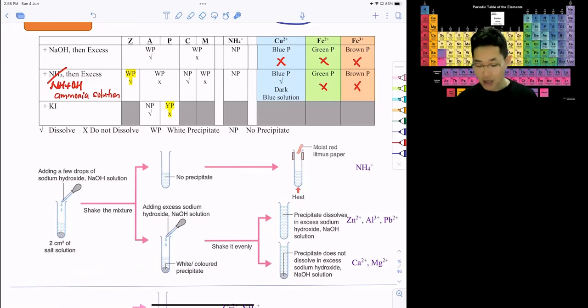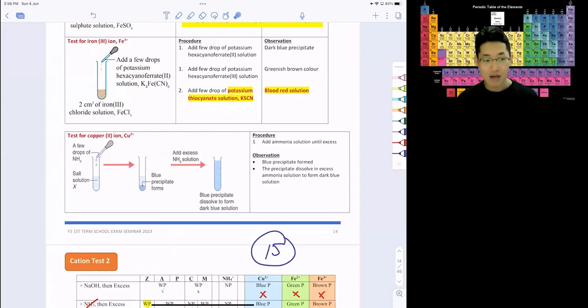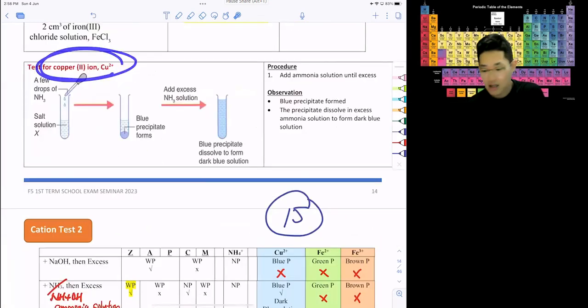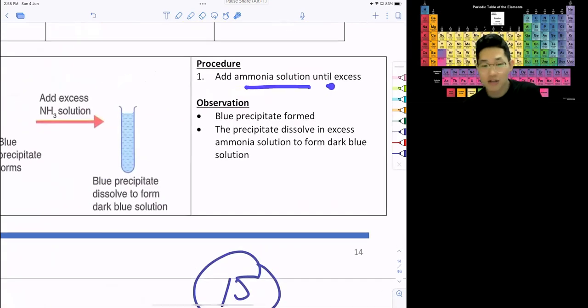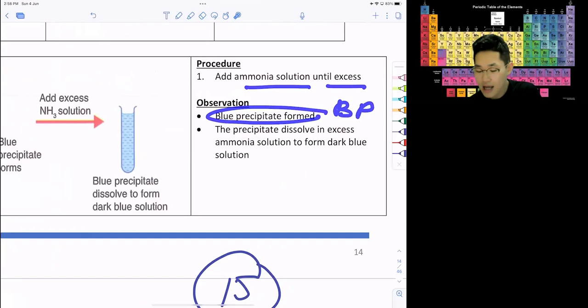So let me give you an example. The previous page, you see, to test the Cu2 plus, we actually put the answer here already. We are going to add ammonia solution until excess. Blue precipitate is formed, and then dissolves in excess ammonia solution, just like the table.